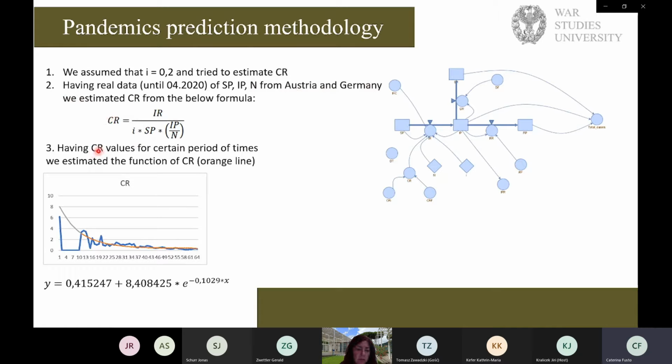Having estimated contact rate values for certain periods of time, these are the contact rate values, we tried to estimate a function of contact rate. We used nonlinear regression for such a task, and here we can see, for example, an equation which represents this estimated orange line.